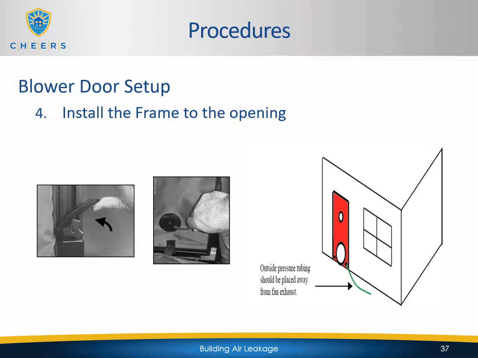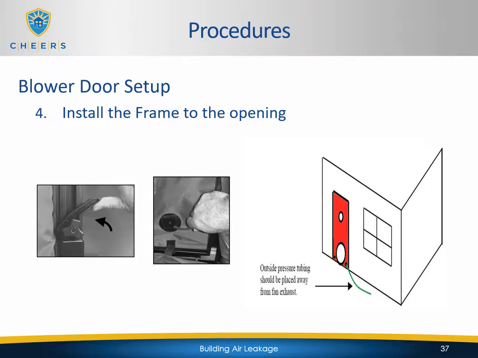Please look on the right hand side, you'll see the blower door frame attached to the door itself. And then you'll see the green line. The green line is the outside pressure tubing and should be placed away from the fan exhaust. You're going to be taking a blower door reading of the pressure inside the house with reference to the outside. So that hose that you'll be sticking through the blower door and out of the house is taking the outside of the house reading.